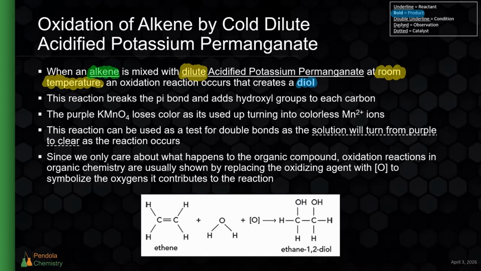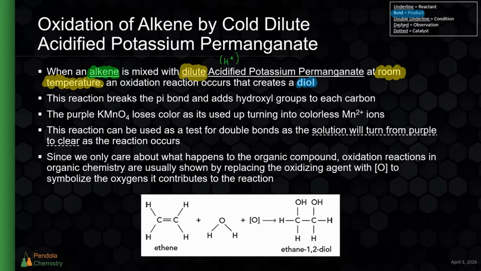The other thing that you might notice is that the potassium permanganate here has to be acidified. Acidified meaning that we have added either hydrochloric acid or sulfuric acid or some kind of acid that provides hydrogen ions to the potassium permanganate. This is because those hydrogen ions are necessary for the mechanism of this reaction, which we're not going to look into.